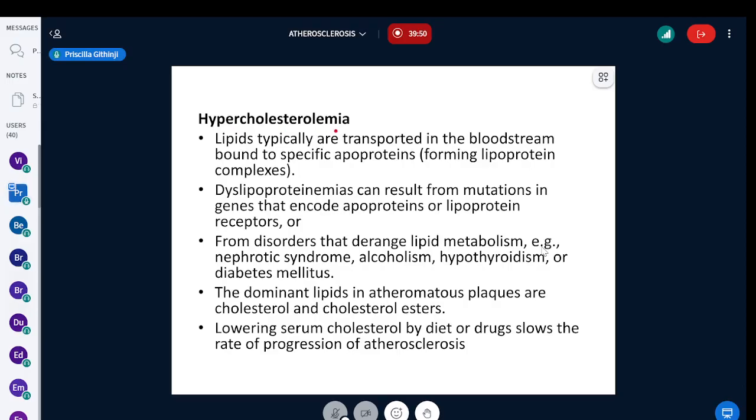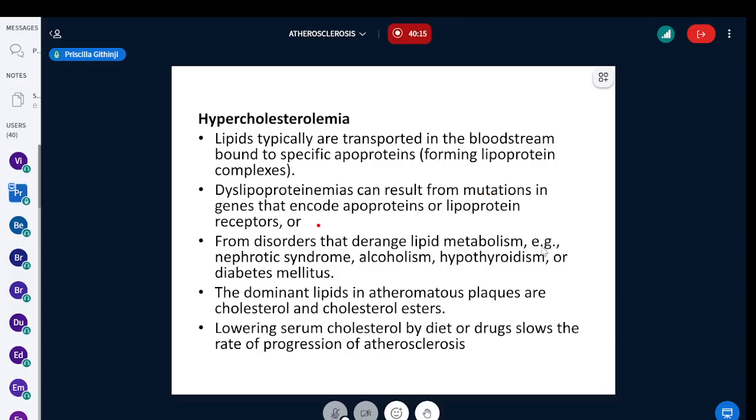For hypercholesterolemia, these lipids typically are transported in the bloodstream bound to specific apoproteins, forming lipoprotein complexes. That's what we're talking about: LDL, HDL, lipoprotein A, ApoB. There are so many transport proteins.